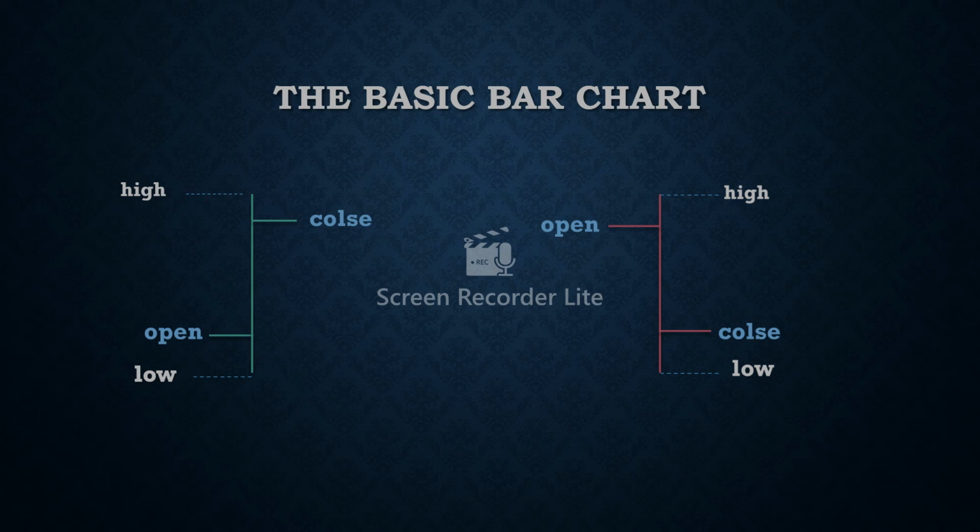A candle has four pieces of information. What are they? Open. What does it mean? It is the price open. For example, this is $4. This is open.